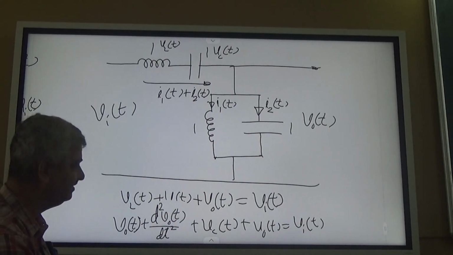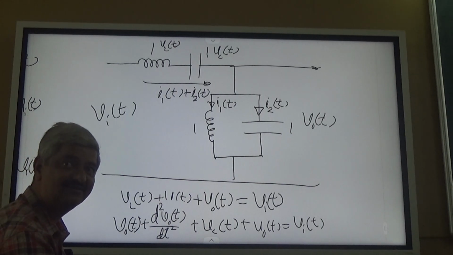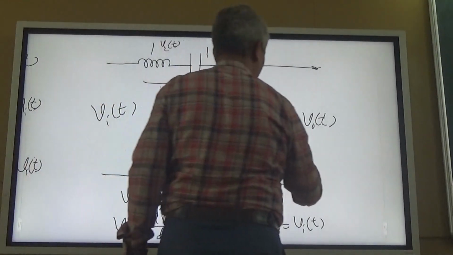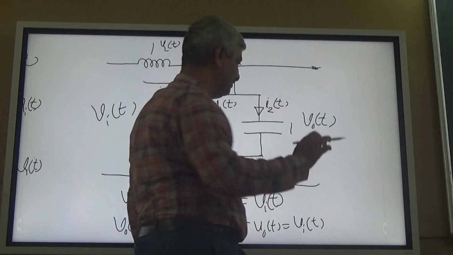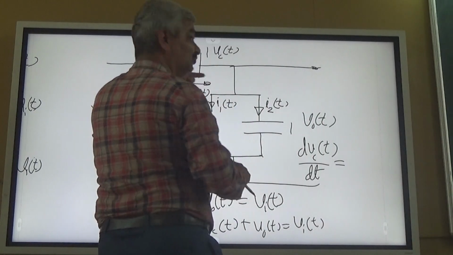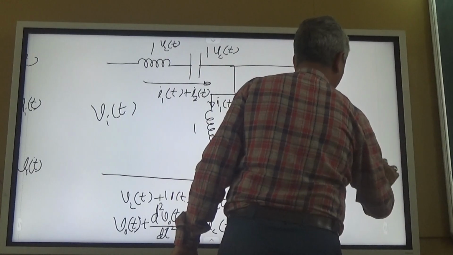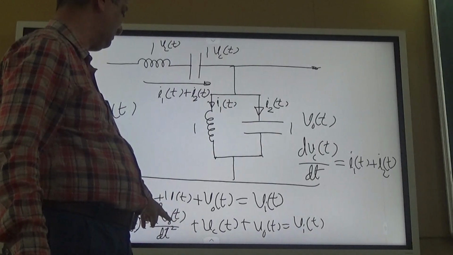Now the only thing which we don't want is V_C(t). What is V_C(t), and what is the current through it? We can't get any handle on V_C itself; it is an integral, and we don't want to use that. So what is dV_C(t)/dt? The current through it, capacitance is 1, so it is i1(t) plus i2(t). So you can differentiate this again.